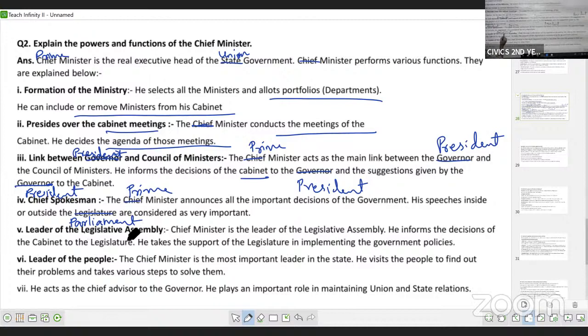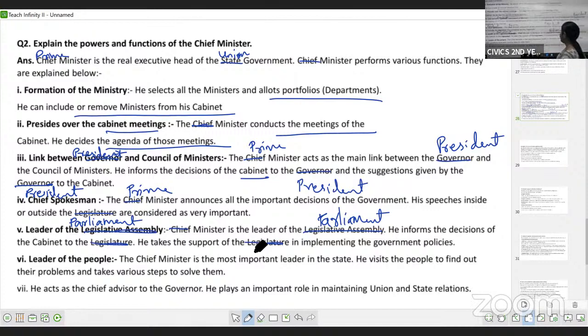He is the leader of the parliament. Prime Minister as the leader of the parliament informs the decisions of the cabinet to the parliament, and he takes support of the parliament in implementing the government policies.